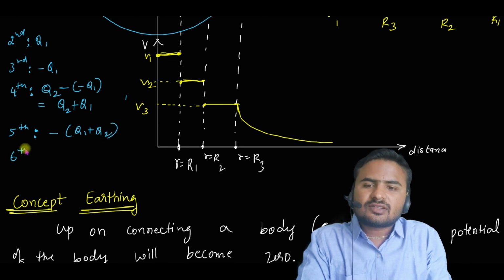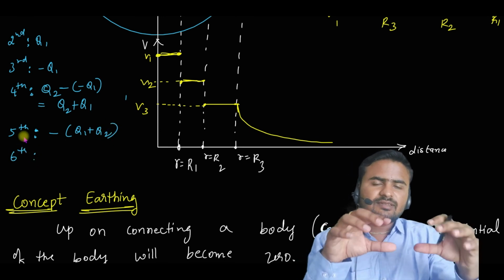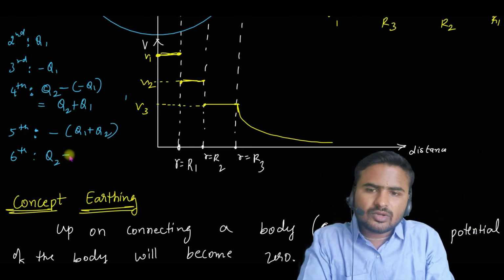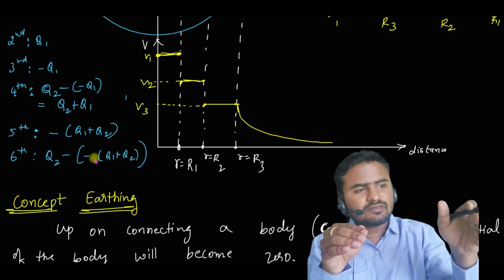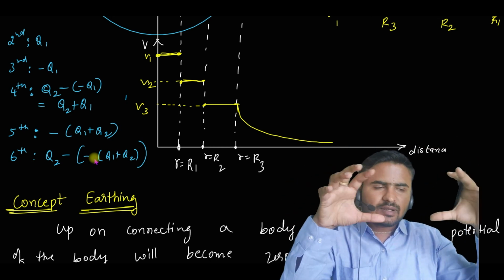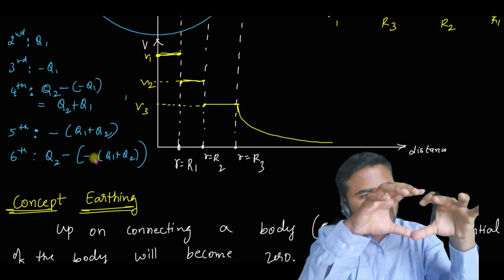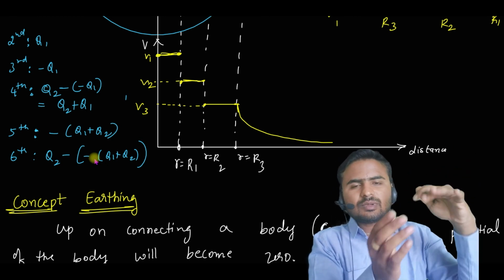Then how much will be the charge on the sixth surface? The total charge present on the third spherical shell is q3. In that, you have to remove minus of (q1 plus q2), because minus (q1 plus q2) is present on the inner surface of the third shell. From the total charge q3, if minus (q1 plus q2) is present on the inner surface, then the remaining charge should be present outside.